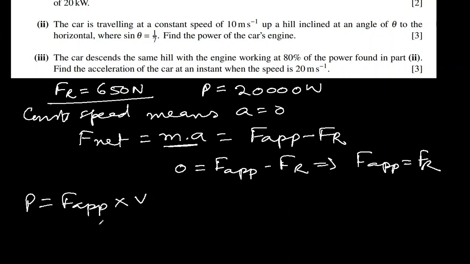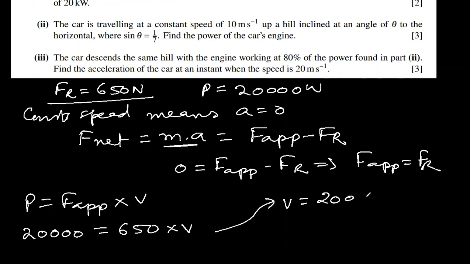Since speed is constant, it doesn't matter where we are trying to find it out. So power is 20,000 equal to applied force 650 newtons times speed. That means V is equal to 20,000 over 650.